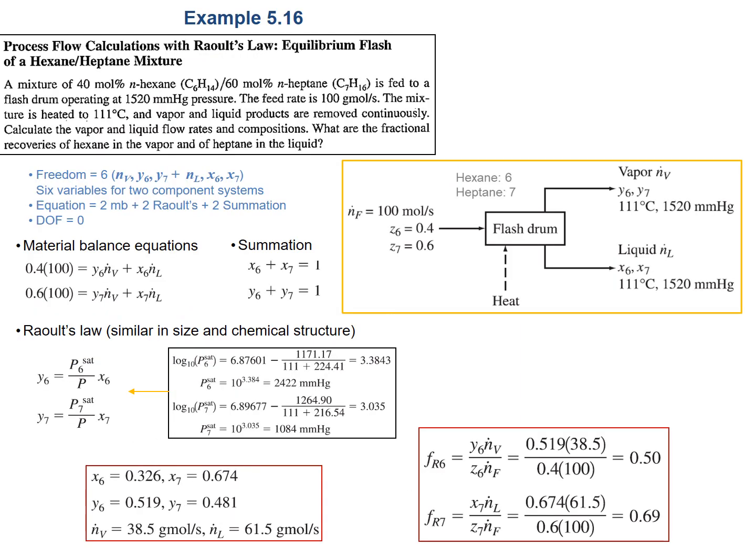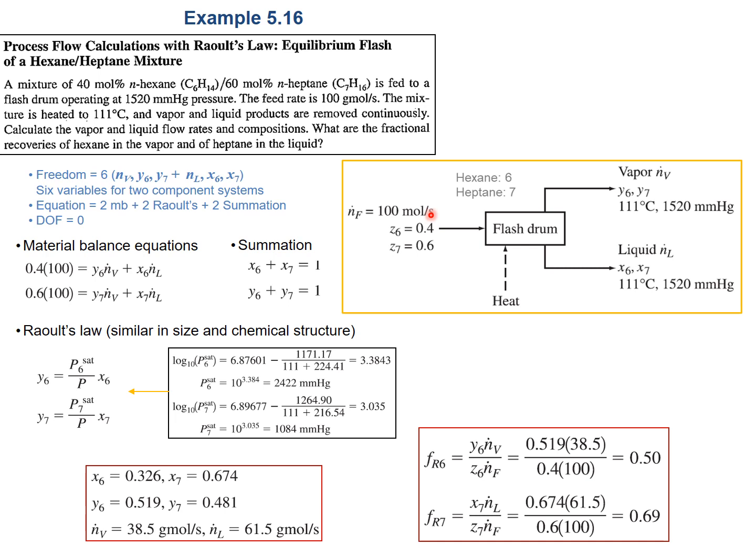Example 5.16, which is about the equilibrium flash of a hexane heptane mixture. Here's the situation. In this diagram, I'd like to symbolize hexane as 6 and heptane as 7. The feed stream is introduced into a flash drum at 100 moles per second as a total flow rate.